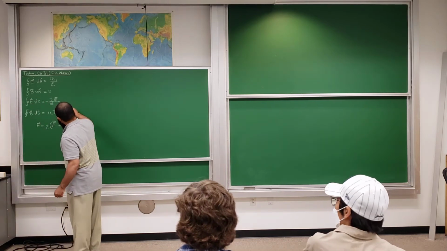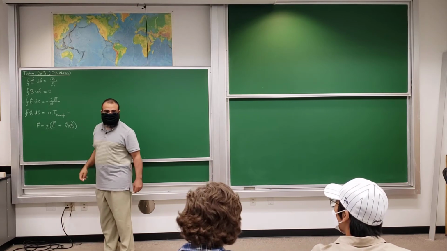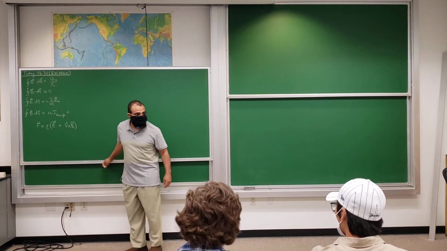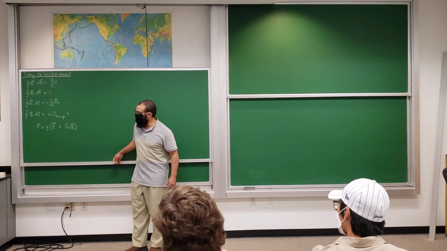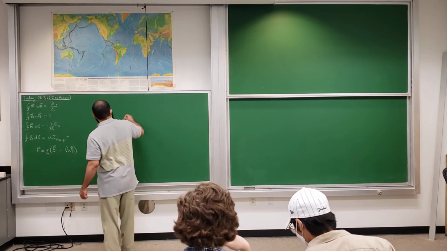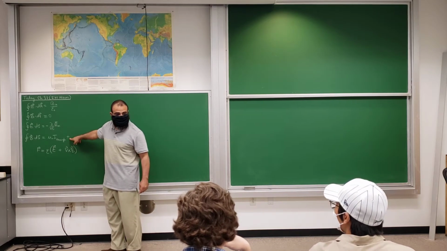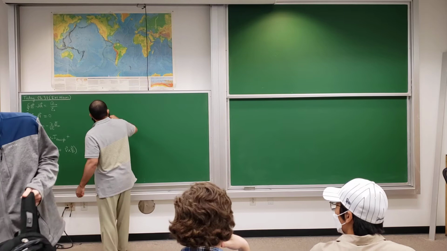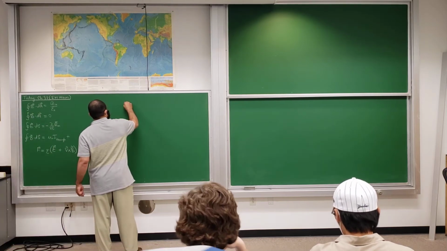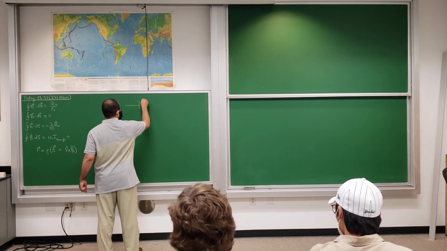So the question here is, something is missing. How did Maxwell know that something is missing? Here is a motivation of how he knew that. Suppose you have a current and you have a capacitor here.